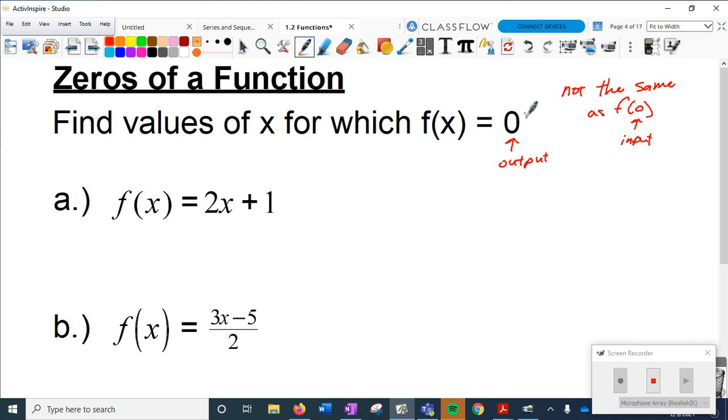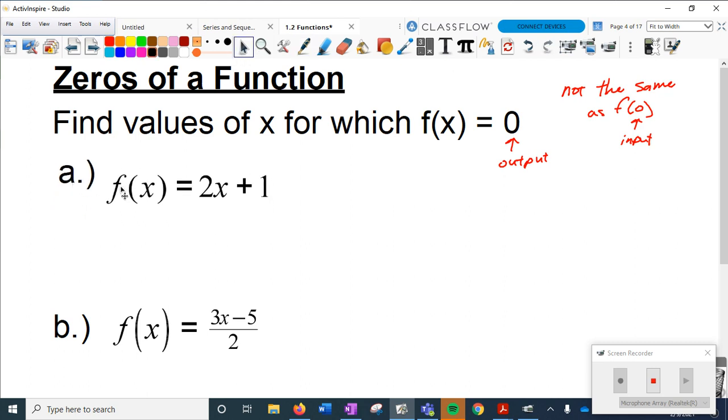So for this one, f of x is equal to 2x plus 1, I want to find the zeros, meaning the roots, another word that we use mathematically. I want to find the x's that make the whole thing equal 0. All I need to do is set it equal to 0.